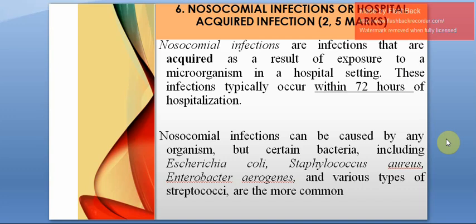Most of the time microorganisms are transmitted by the healthcare workers, and it increases the cost of healthcare. Whenever a patient gets nosocomial infection, the cost of healthcare goes on increasing.